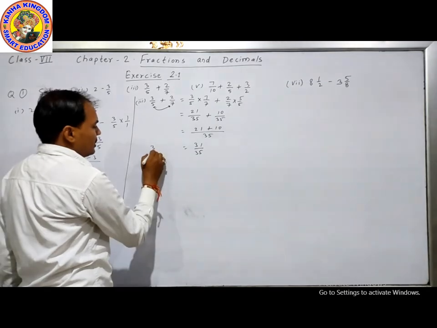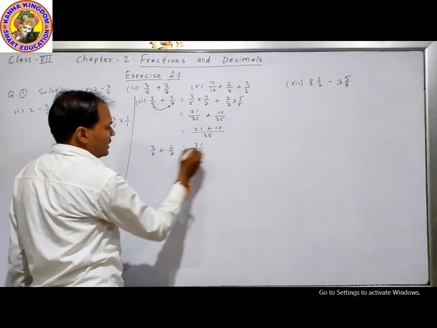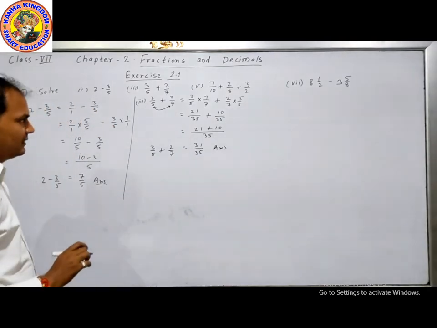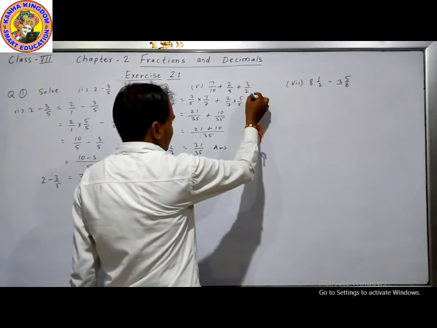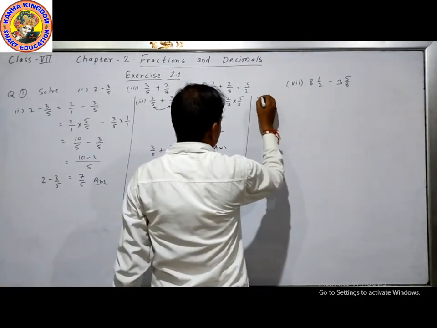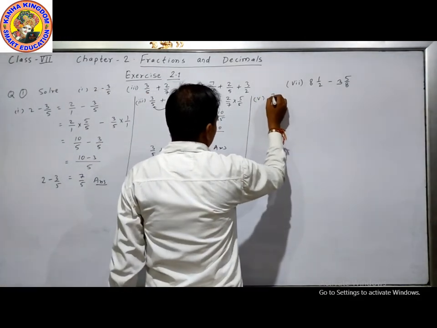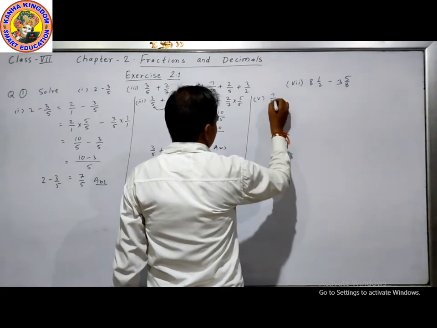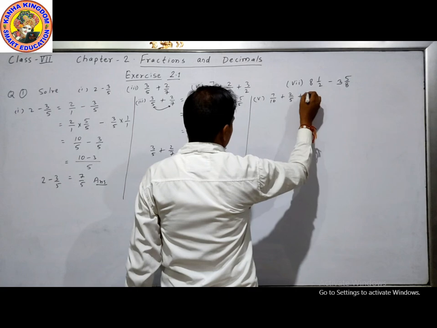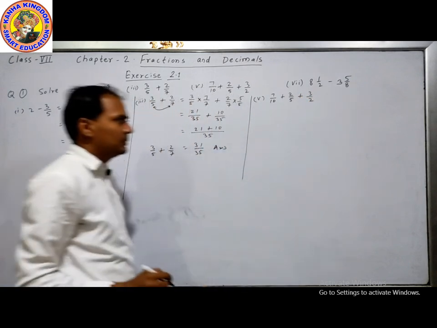Question is 3 by 5 plus 2 by 7. Answer is 31 upon 35. We are taking the next question, question number 5. 7 by 10 plus 2 by 5 plus 3 by 2.